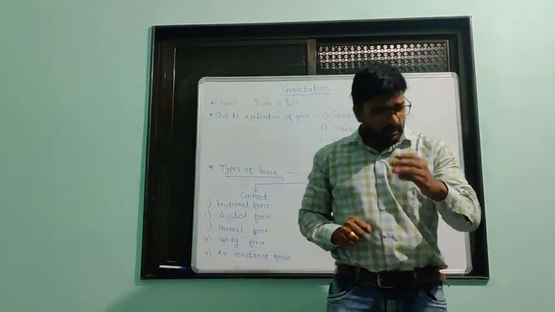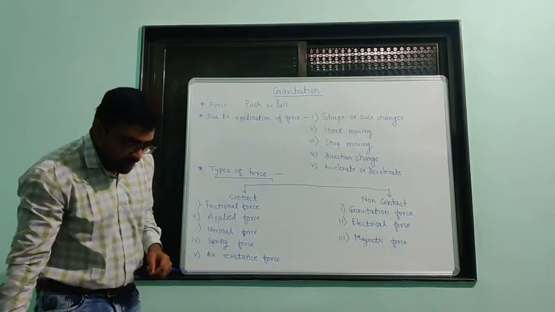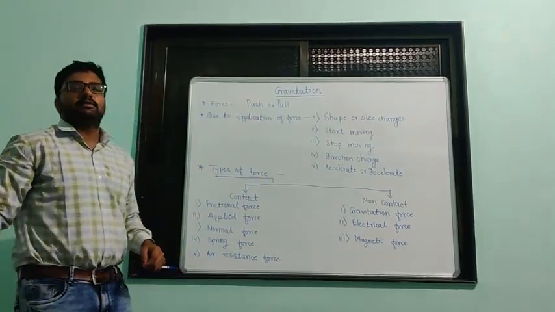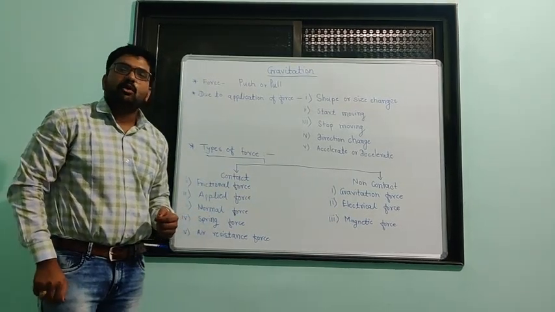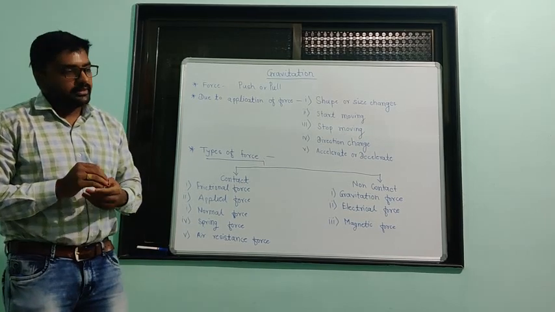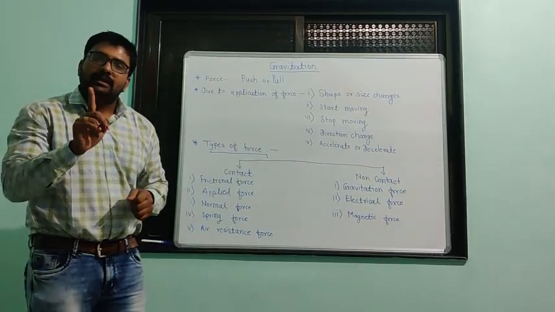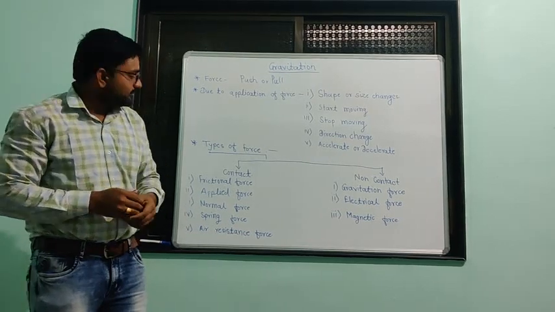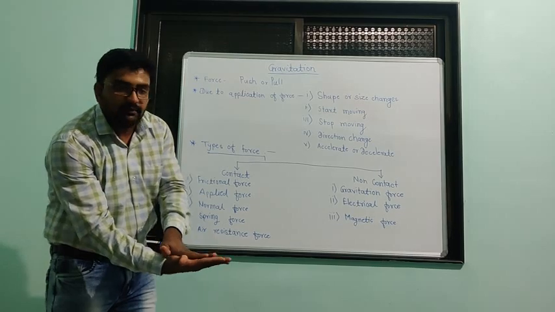Now suppose I throw a ball on a ground surface. What happens after covering some distance? That ball will stop. Why will that ball stop? Why will it not continue its motion? You will say the answer is friction between the ground and the surface of the ball.